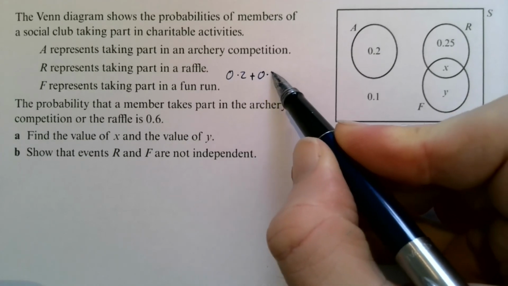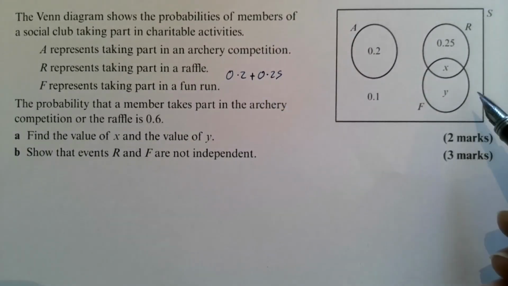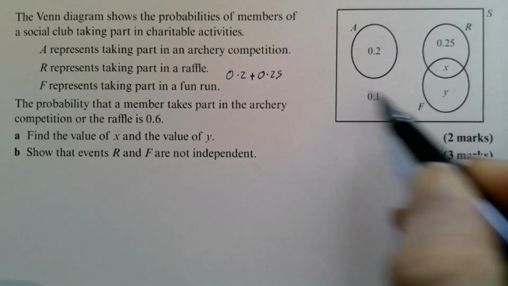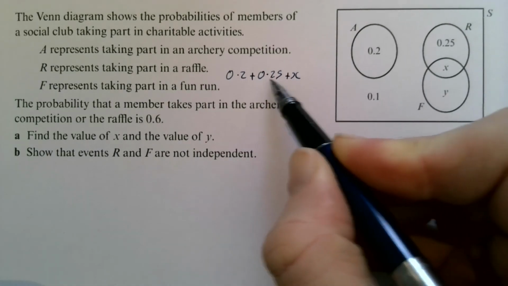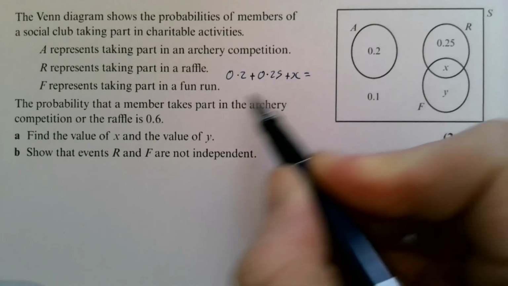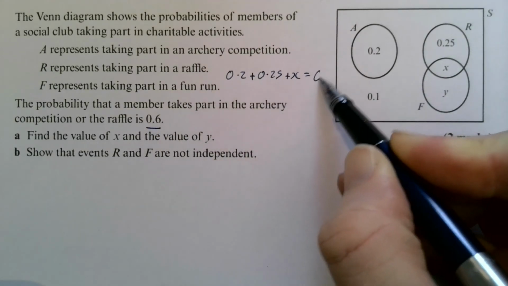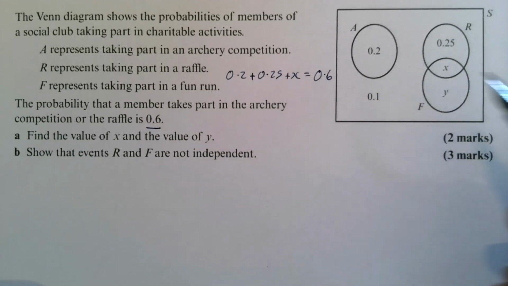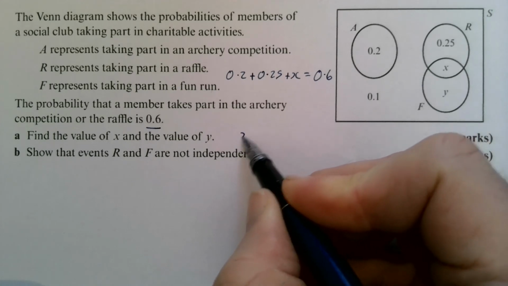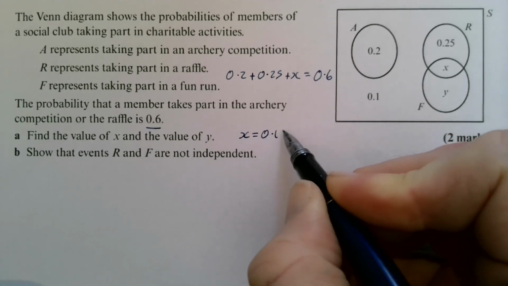The raffle, but not the fun run, is 0.25. But those two together make the raffle. That should all be adding up to make the 0.6 that they're telling us. Well, that's 0.45. 0.45 plus 0.15 is 0.6, so X must be 0.15.